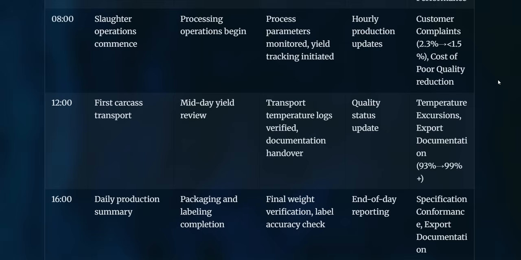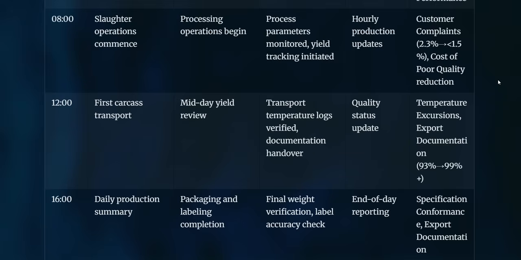Communication protocol here includes quality status update. The target objectives here to control are temperature excursion and export documentation error improvement from 93% to 99% accuracy.